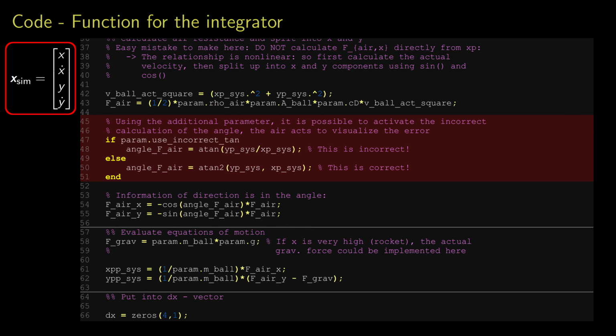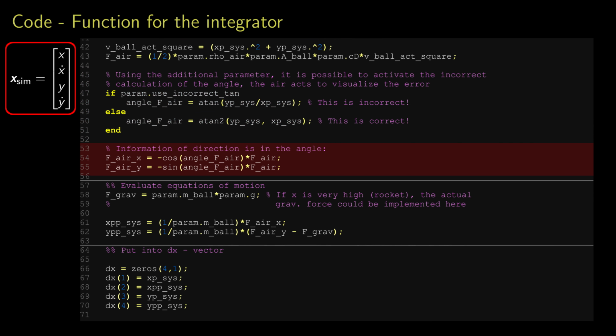Next, we determine the angle of our air resistance force with the arctan2 function, where the signs of the velocity in x and y are taken into consideration automatically, so we do not have to worry about the quadrants. I have added an option here where you can switch to the regular arctan function instead of arctan2, which leads to an incorrect result in the simulation, and we take a look at what happens if you do so later in the video.